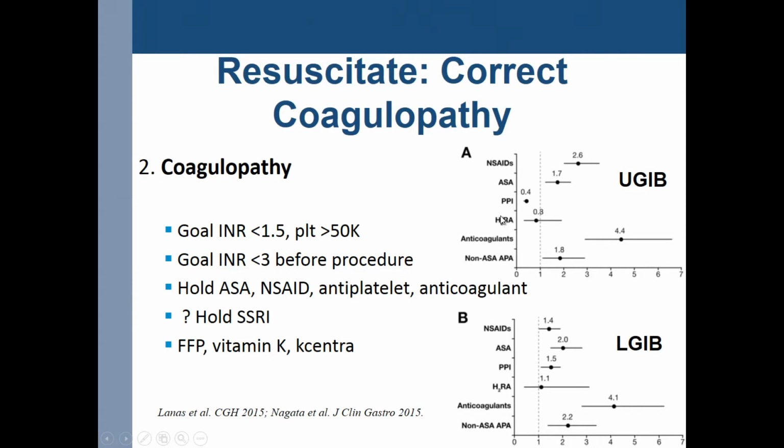And as you might expect, the use of NSAIDs, aspirin, anticoagulants, and non-aspirin antiplatelet agents certainly increases the risk of upper GI bleed, most severely with anticoagulants. However, they all also increase the risk of lower GI bleed, including NSAID use. So that's certainly important to remember, that NSAIDs can be a cause of lower GI bleed as well.